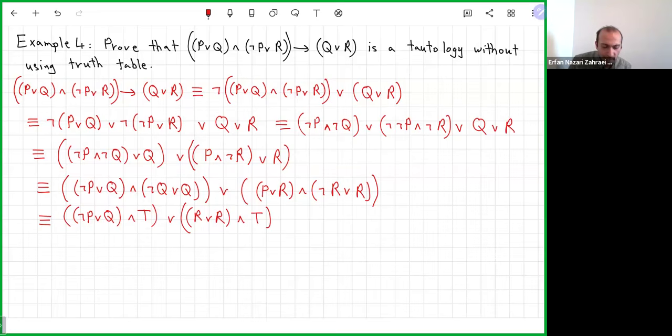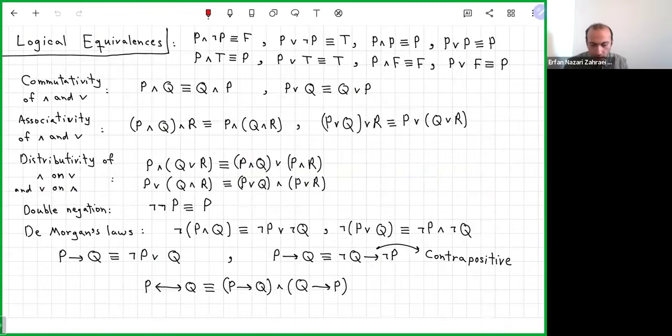Now what do I have? I have an and of two things, but one of them is true. So this is equivalent to the other one, basically. When you have an and of true and something else, it's equivalent to the other one. Why? Because this is true if both of them are true. This is already true, so I need only P to be true.